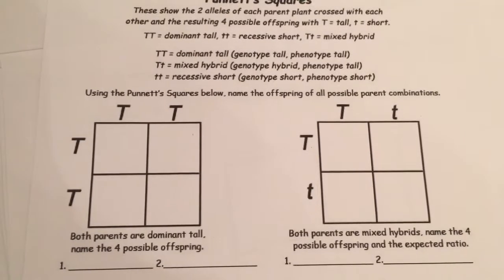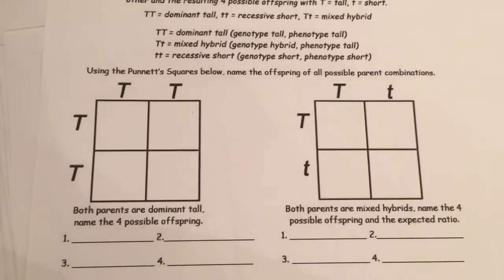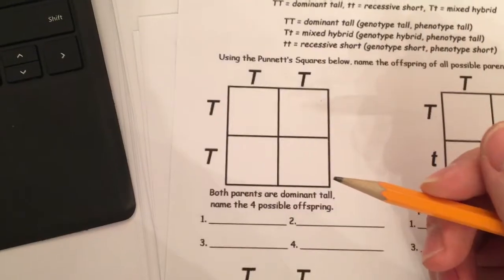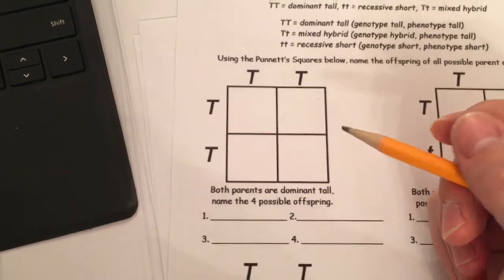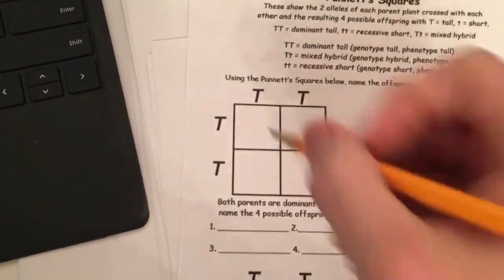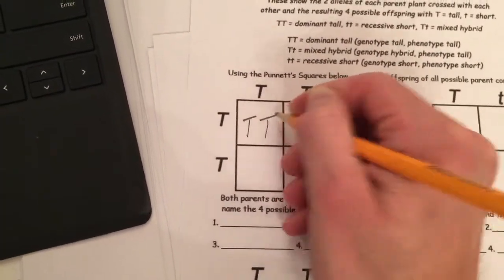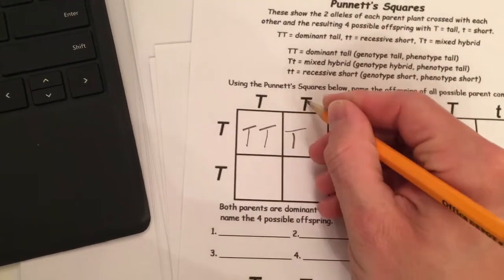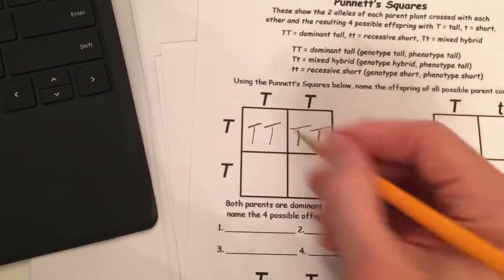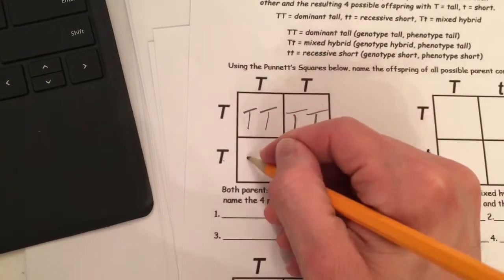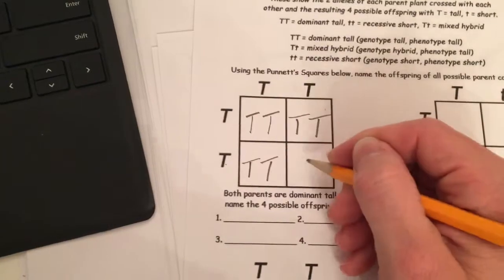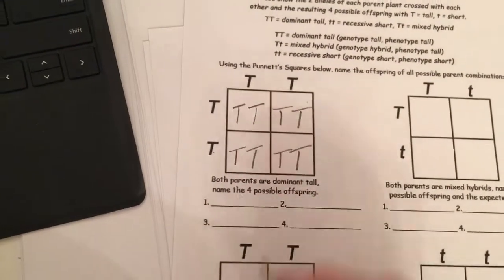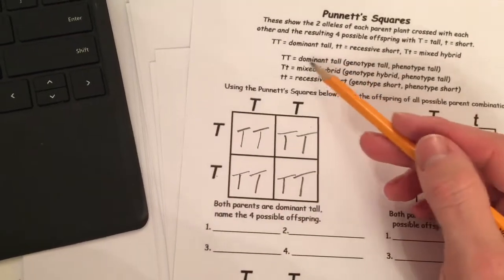So moving on. Using the Punnett squares below, name the offspring of all possible parent combinations. We can fill this Punnett square by combining our alleles here. So we have a capital T and another capital T, making it a dominant tall plant. There's another capital T with a capital T. Here we have two more dominant alleles with all of our phenotypes being dominant tall.